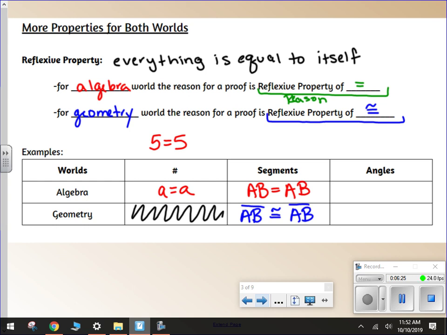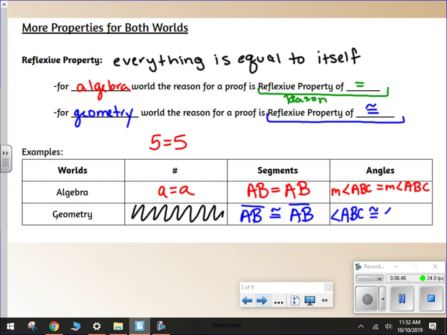With angles, I'm going to use the little m for the algebra world because I have an equal sign in the algebra world. But as soon as I write it for the geometry world, that m goes away and I'm putting a congruent symbol in.